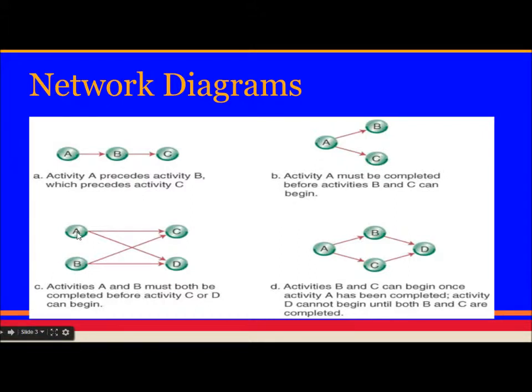Third one: activity A and B both must be completed before activity C or D can begin. And in this diagram, activity B and C can begin only when A has completed, and activity D can only begin when B and C have completed. So I hope you got the idea. It was very simple.